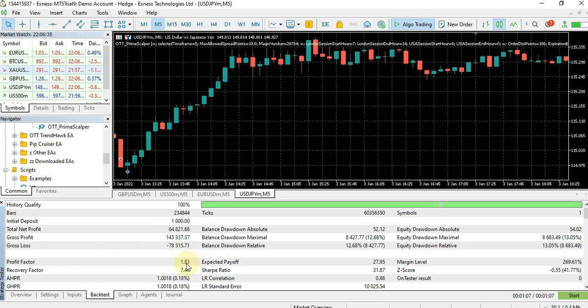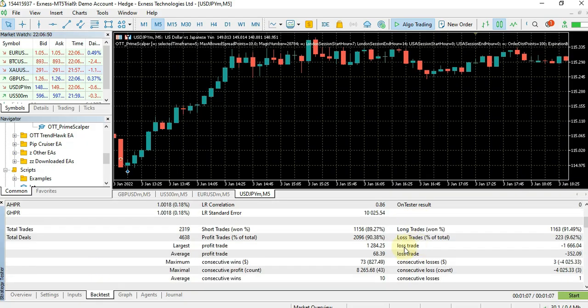The profit factor is 1.8, the recovery factor is 7.4, and the expected payoff is 27.9, and the drawdown is only 12% over the period of 3 years. Let us see the maximum consecutive wins and losses. The maximum consecutive wins is 73, and the maximum consecutive losses is just 3 over the period of 3 years. And you can see the win rate is 90%.